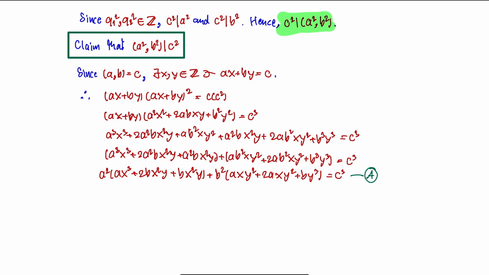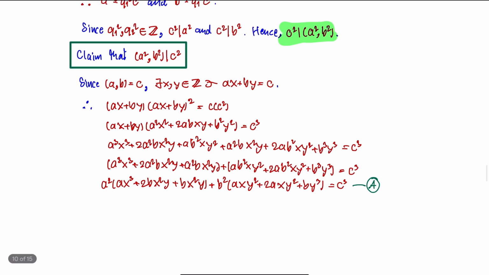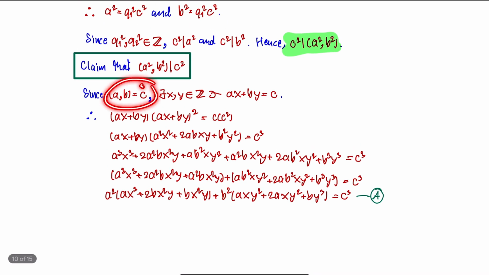Next thing I'm going to do is to take a look at the greatest common divisor. Since the greatest common divisor of a and b is c, what do we have? That means that c divides a and c divides b.